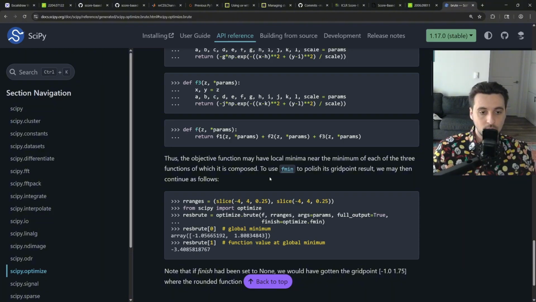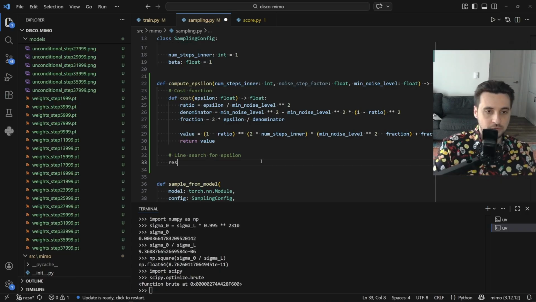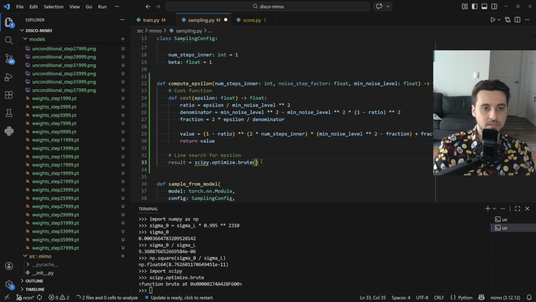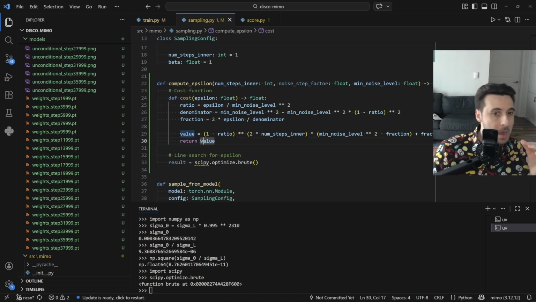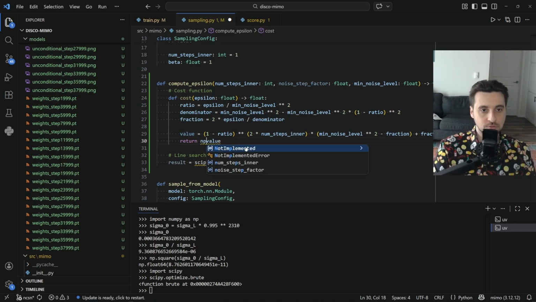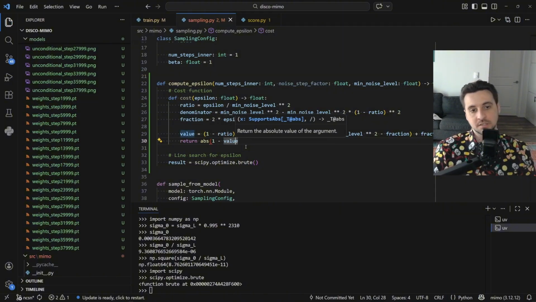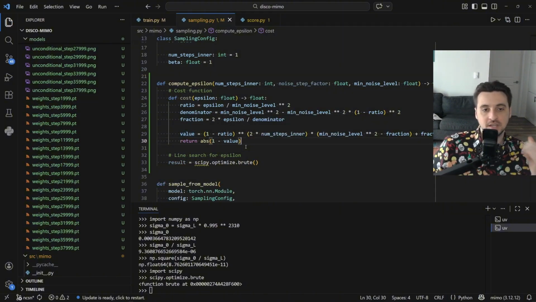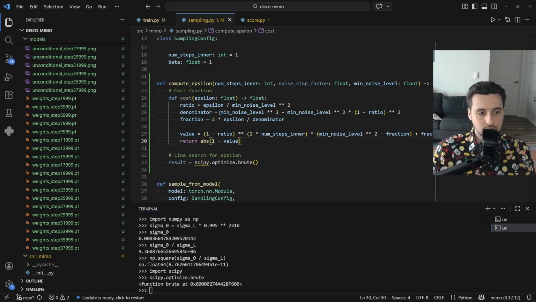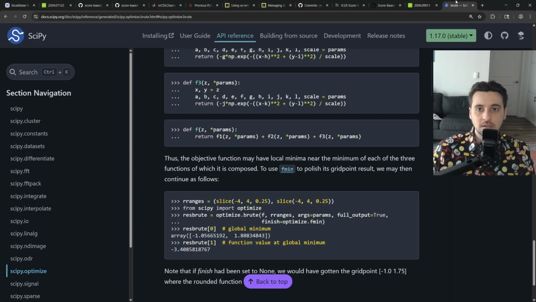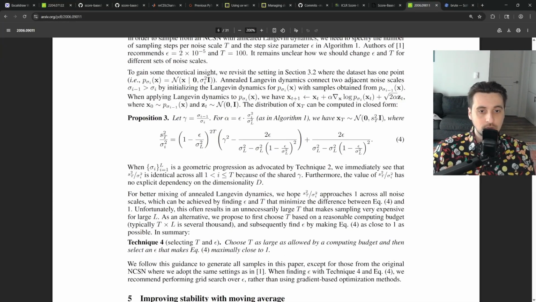Okay, all right. So let's put it this way then. We just need result is scipy.optimize.brute. But the cost, like he says, should be the absolute value of 1 minus value. So we want to find something that's closest to 1. But also, how did he say it?